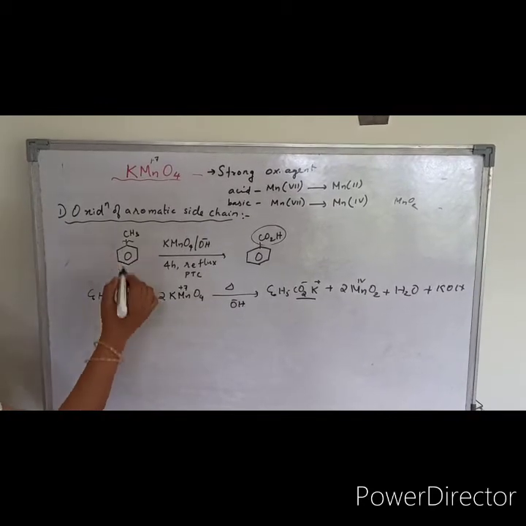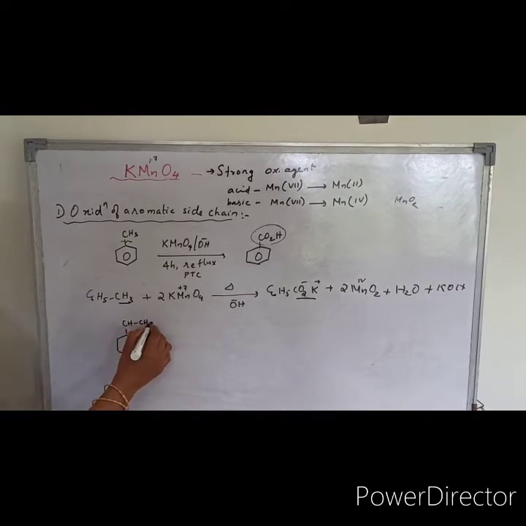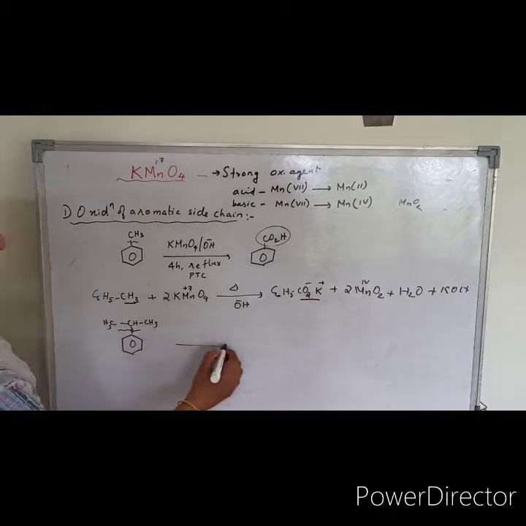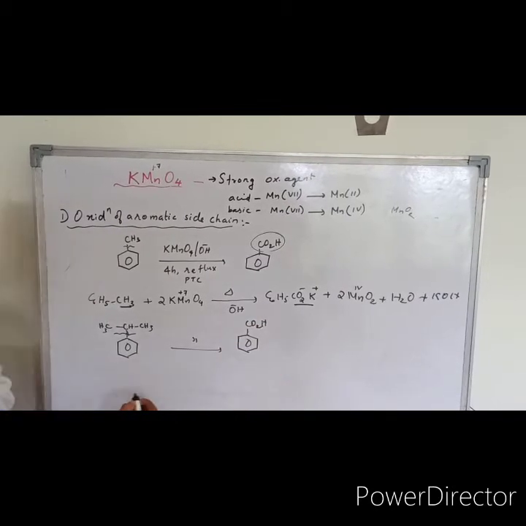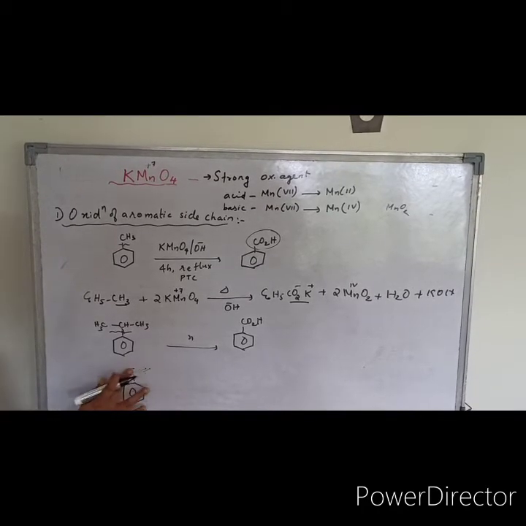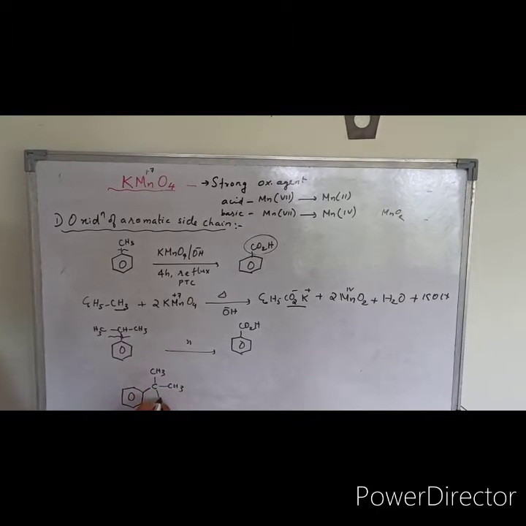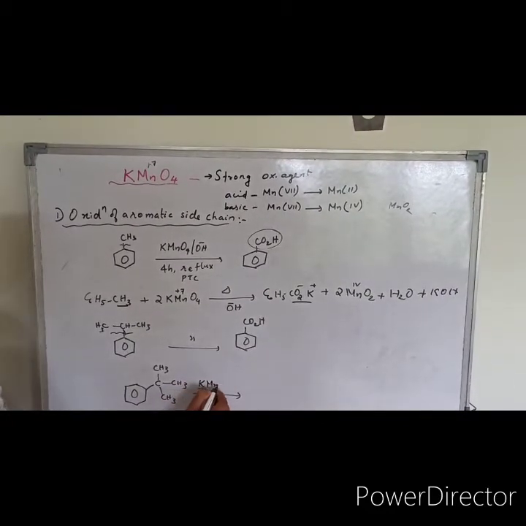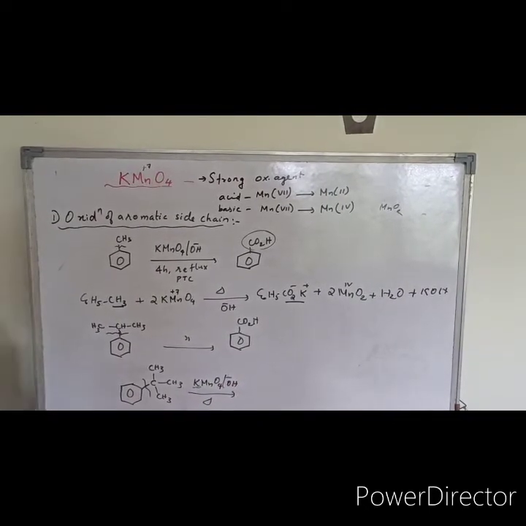If you take isopropyl benzene, no matter how many carbons are attached in the alkyl side chain, it will be readily oxidized to benzoic acid. But if you have a tertiary butyl group, with three CH3 groups, and you perform this oxidation with KMnO4, OH- under heat reflux conditions, this side chain will not be oxidized.